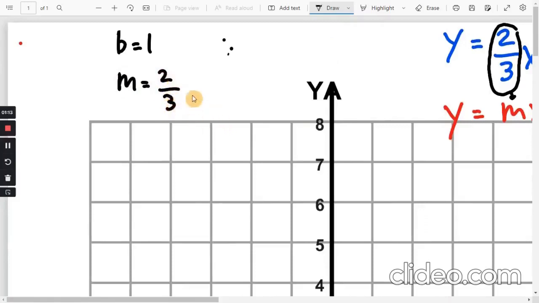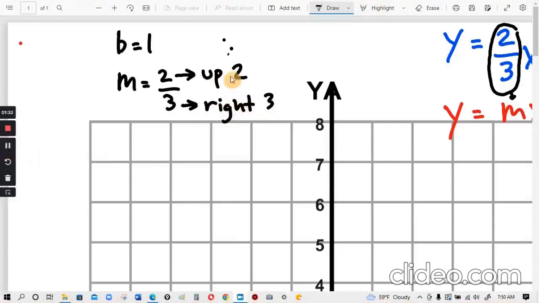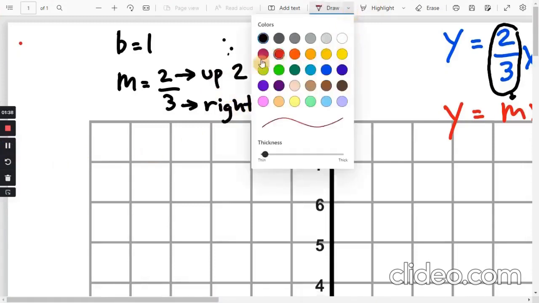And recall that slope is rise over run. So positive 2 means that you go up 2, and positive 3 means that you go right 3. You can also do the exact opposite. You can go down 2 and left 3. But let's start with the basics first.